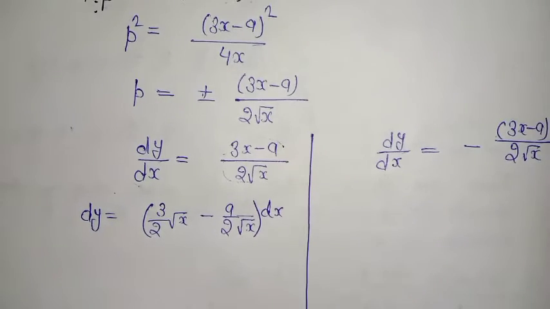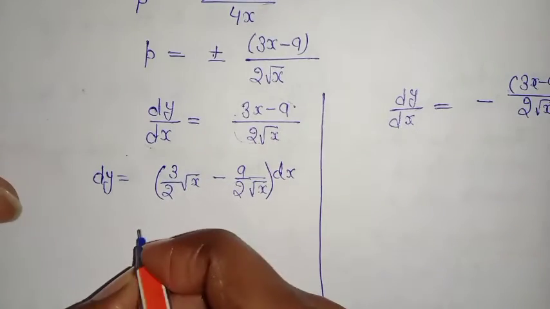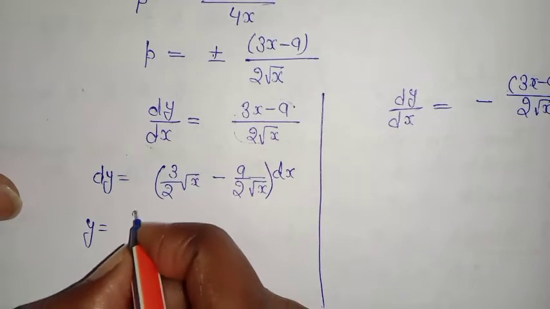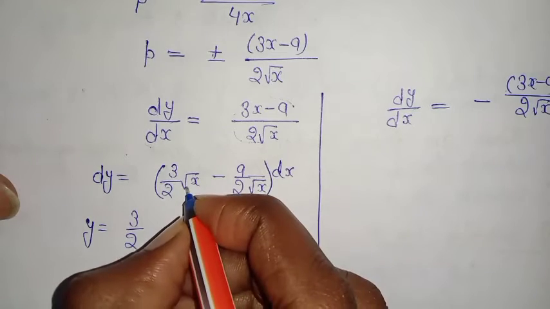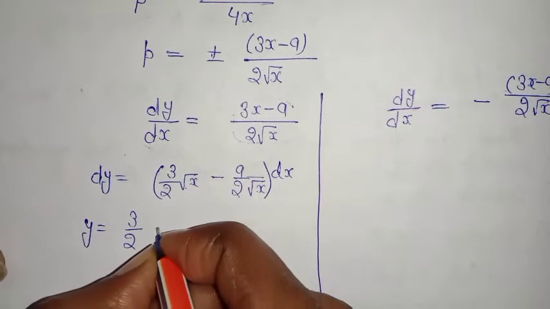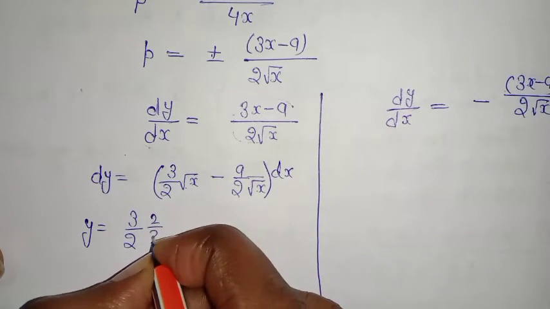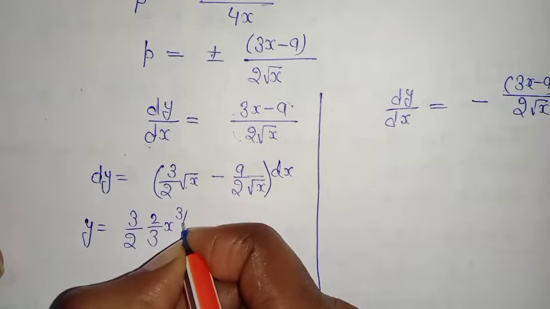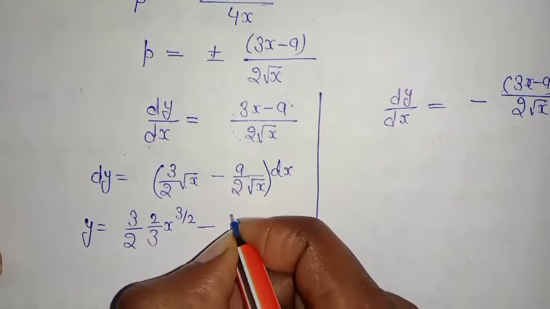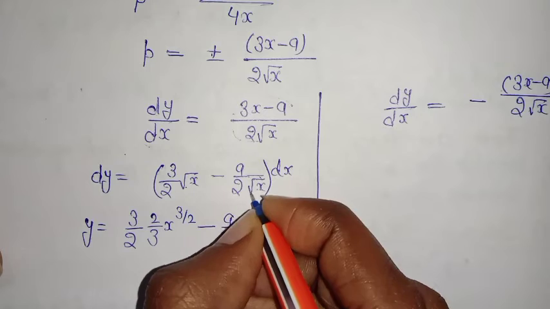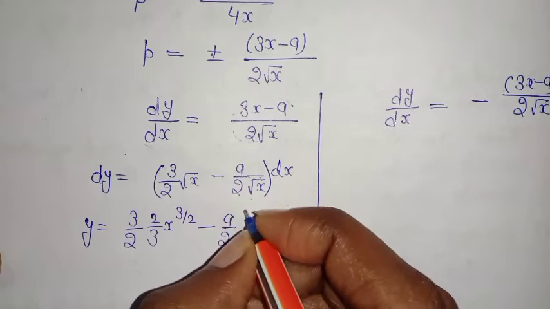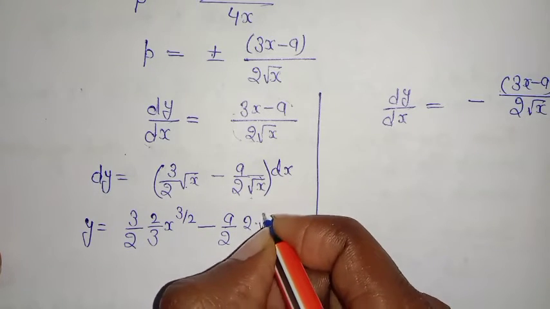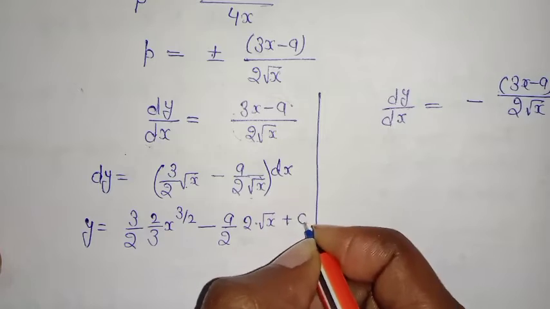On integrating we get y is equal to 3 by 2, the integration of root x dx becomes 2 by 3 x raised to power 3 by 2, minus a by 2, and the integration of 1 by root x becomes 2 root x, plus integrating constant c.